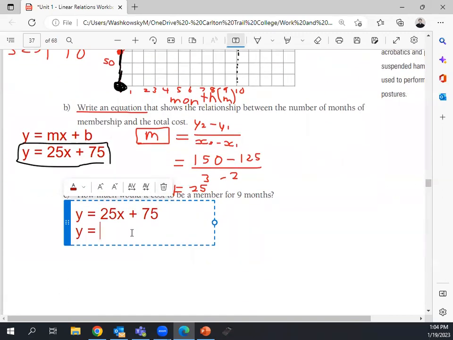Months. Yeah, 9 months, right? So instead of x there, I know I'm in here for 9 months. I'm just going to put 9. 25 times 9, because there's 9 months, plus the $75. It's your $25 a month for being a member for 9 months, and then you add the $75 fee on top of that.